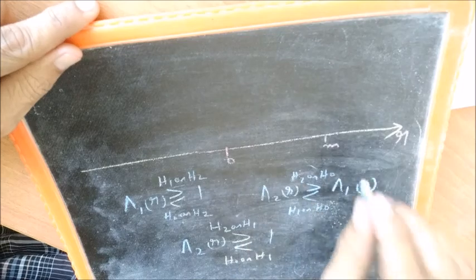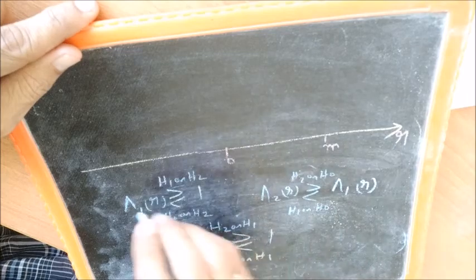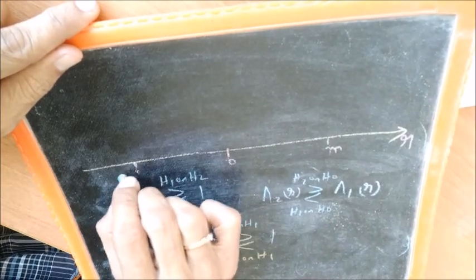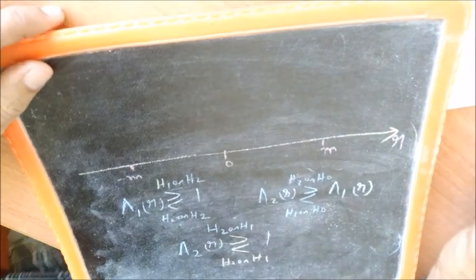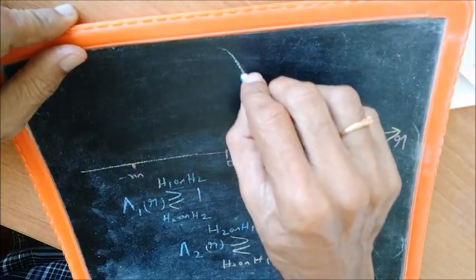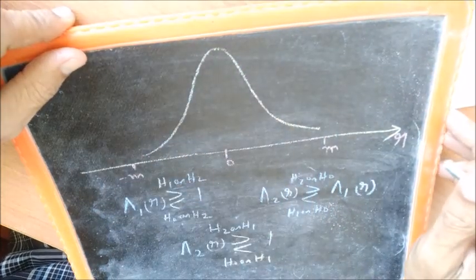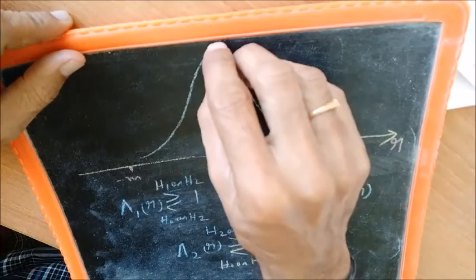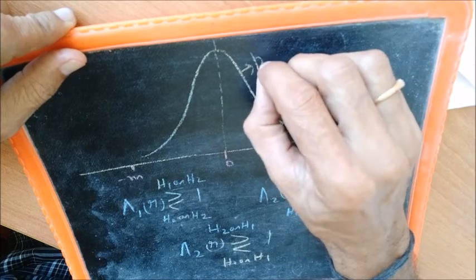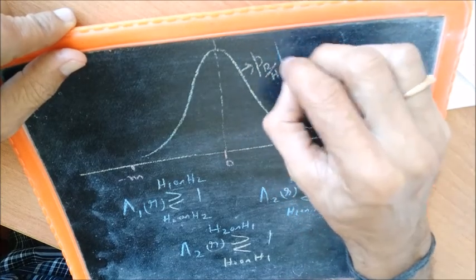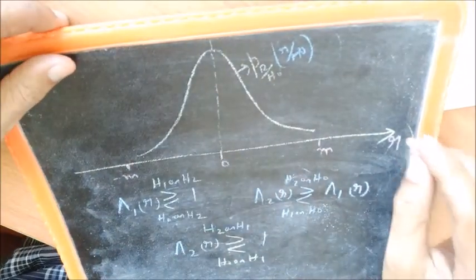Let's say this is m. The value of m is not given, we are only told it is a positive number, so we write it somewhere here, m could be 3 or 5, whatever it is, and this is minus m, equidistant from 0 on this side. PR given H0 is this, because PR given H0 has a mean 0, as written here a short while ago.